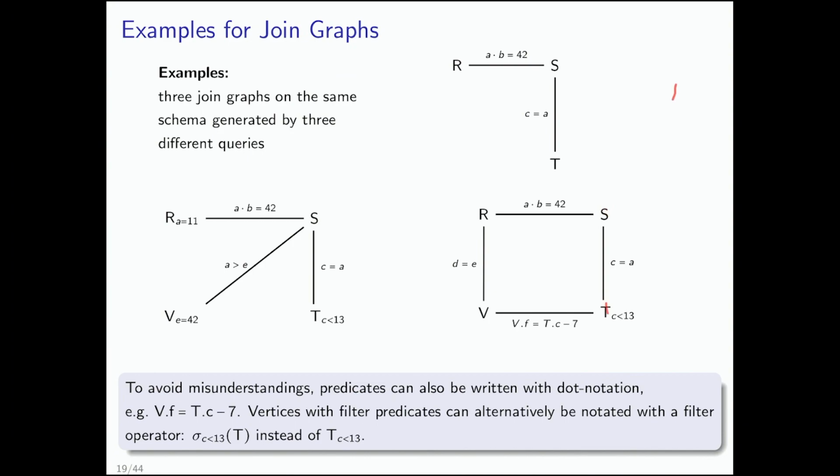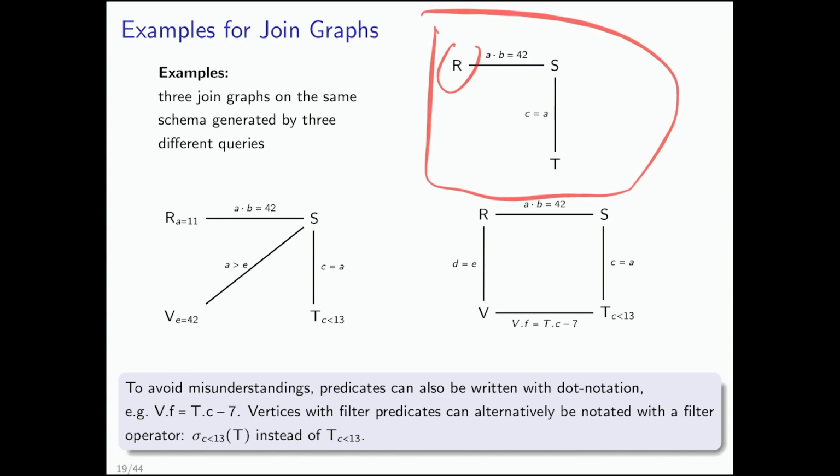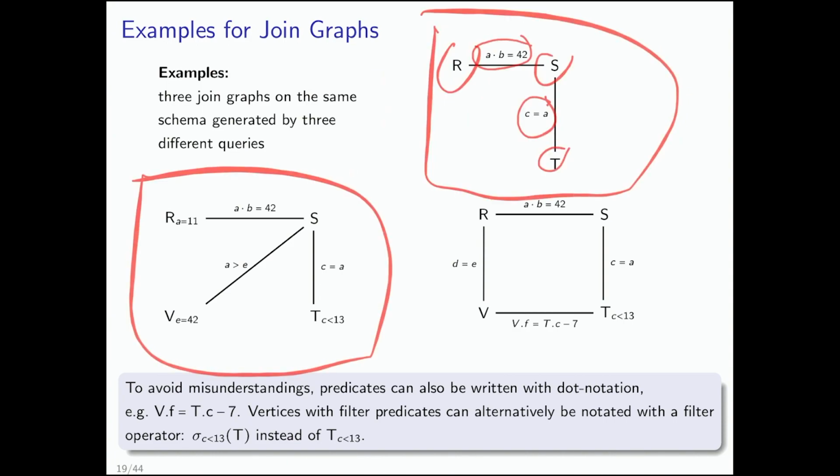Here are example join graphs. Let's start with this one on top. That's the join graph on three relations, R, S, and T. Here's a join predicate, that becomes an edge in the graph. Here's another join predicate, that's another edge, and so forth. Here's an example with four relations, R, S, V, and T. Here's a join condition, here's another one, here's another one.